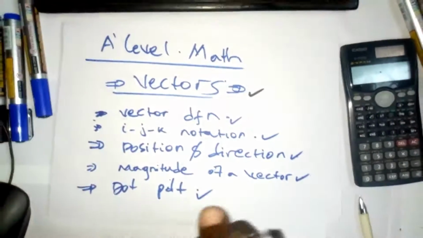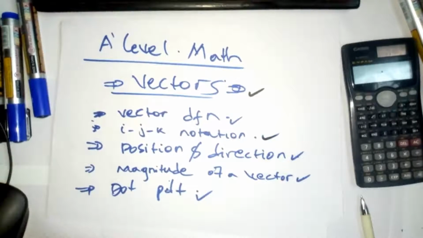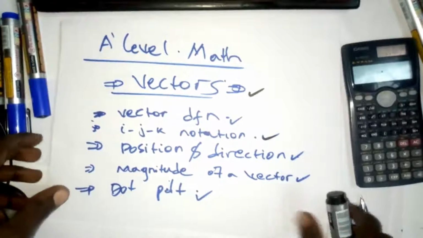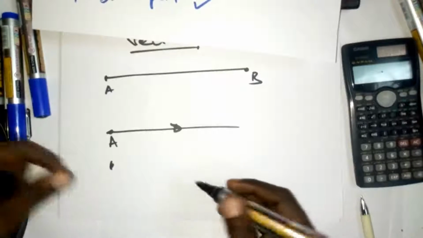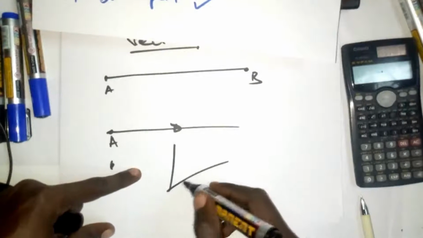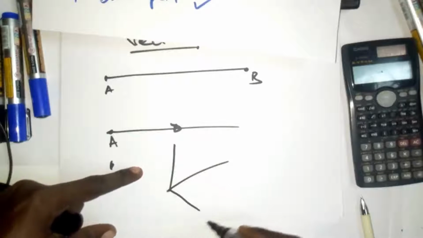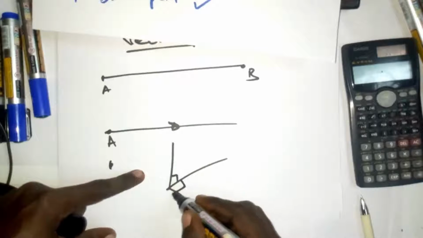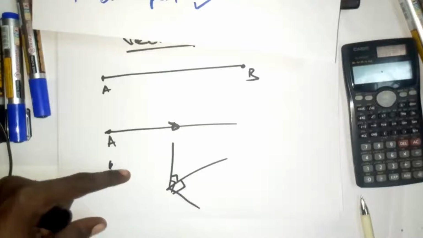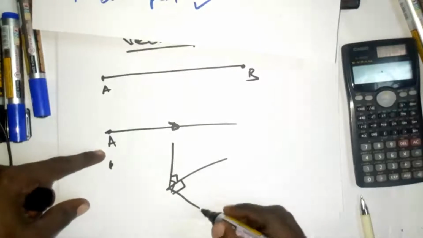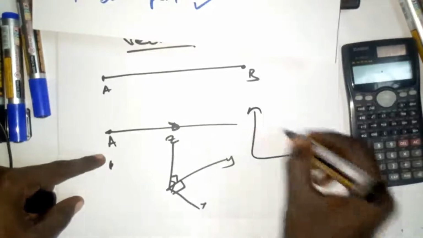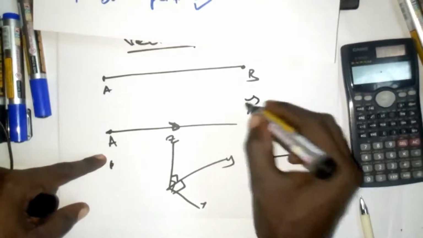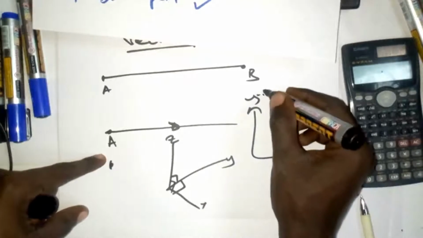I'm also going to hint on the IJK notation. If this is the XY plane and Z, these should be at 90 degrees to each other. If we have the XY plane, this is the x-axis and this is the y-axis.